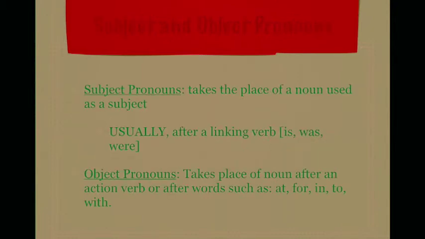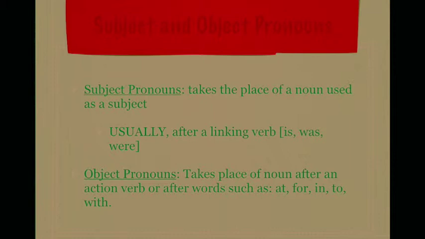Then we have more specific pronouns. We have subject and object pronouns. Subject pronouns take the place of a noun used as a subject. So if I used Sophia, my cat, in a sentence, I can say Sophia licked her paw.